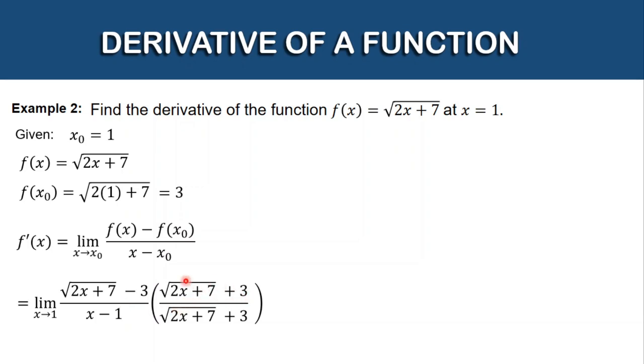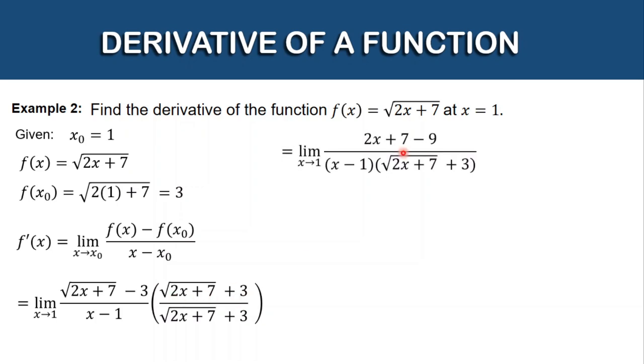So multiply natin siya sa taas and sa baba. And from here, multiply na natin siya. So first term to first term. So pag pinag-multiply natin tong dalawa, makakancel yung radical or yung square root natin. Then last term to last term, negative 3 times positive 3, that's negative 9.